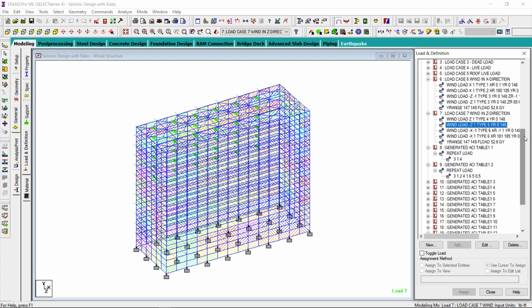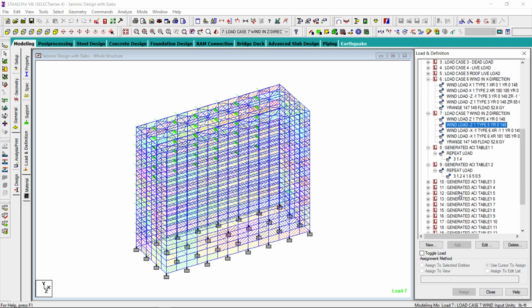Then I generated the load combinations according to the ACI table, but then I noticed one thing, that in STAAD the oldest load code that can be used was ACI 318-2002. In ACI 318-2002, the load combinations have different factors than whatever is used in the book.